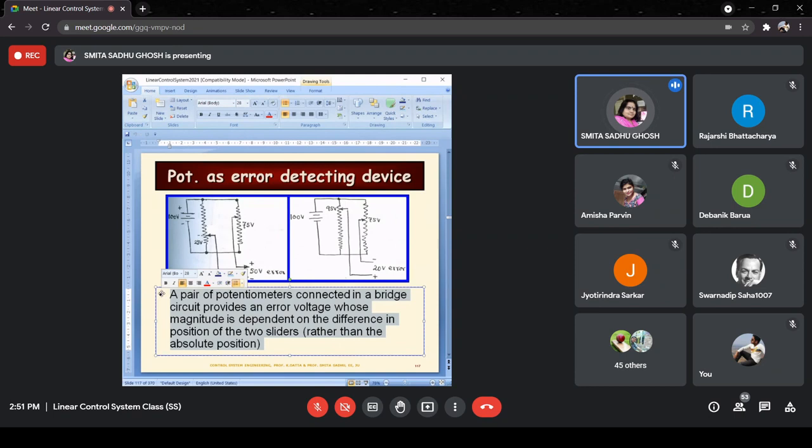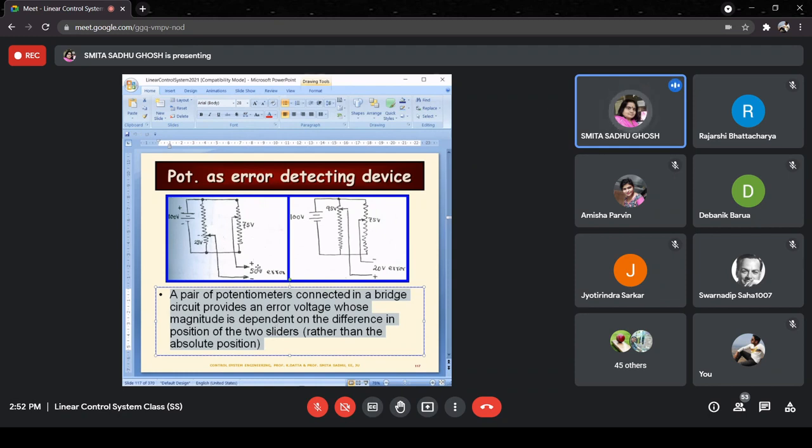A pair of potentiometers connected in a bridge circuit. So, when we say a pair of potentiometers, basically a pair of resistances connected like this, like a bridge, across the same source of voltage is what we are indicating. It provides an error voltage whose magnitude is dependent on the difference in position of the two sliders.